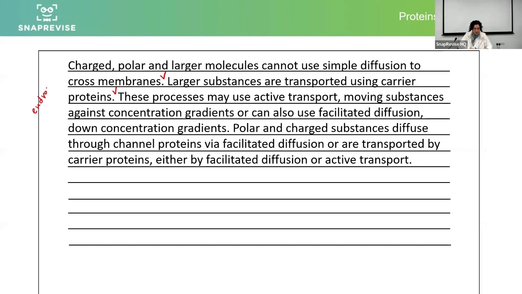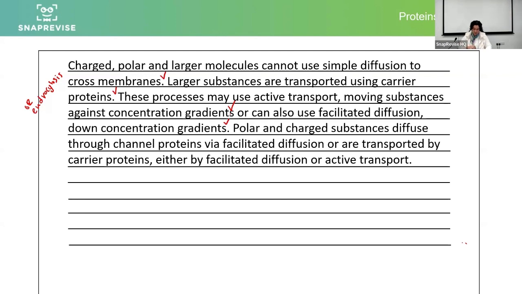That would have been acceptable here. These processes may use active transport, moving substances against their concentration gradients. That is 1 mark, mentioning that they're going against the concentration gradient, or also use facilitated diffusion down the concentration gradients. That is another mark.